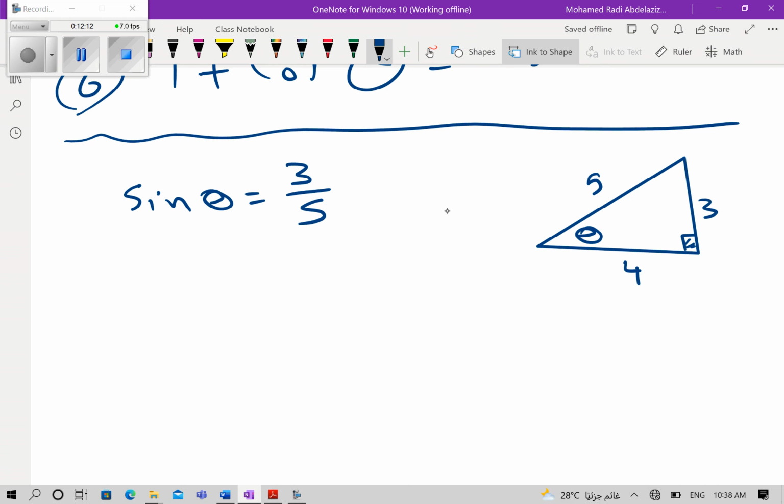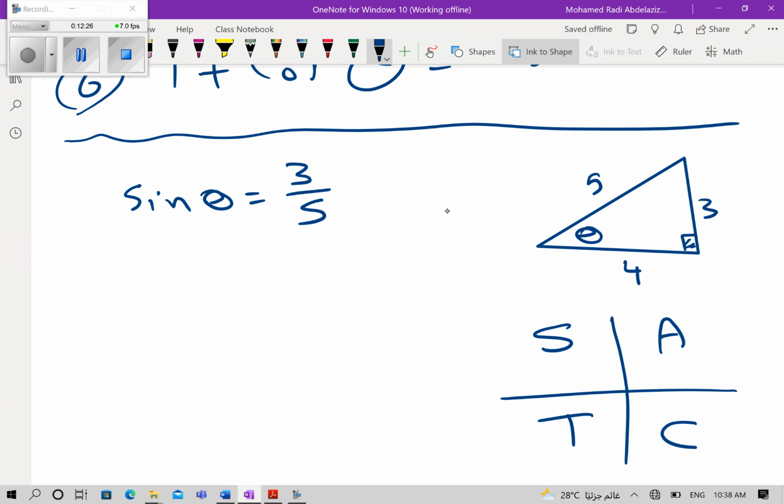But theta lies in which quadrant? Maybe first, second, third, fourth. So it depends on the sign. If you remember from AS level, ASTC. The acute angle lies in the first quadrant. The first quadrant from 0 to 90.